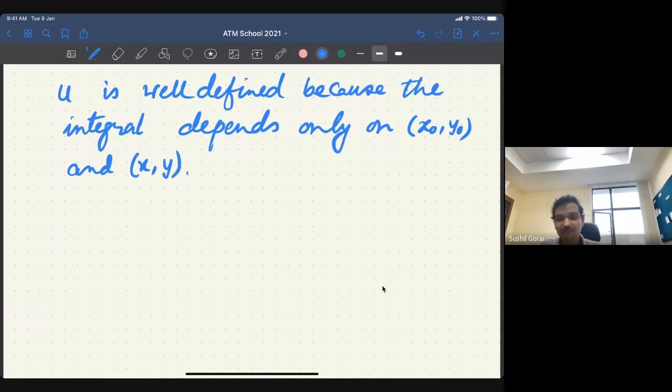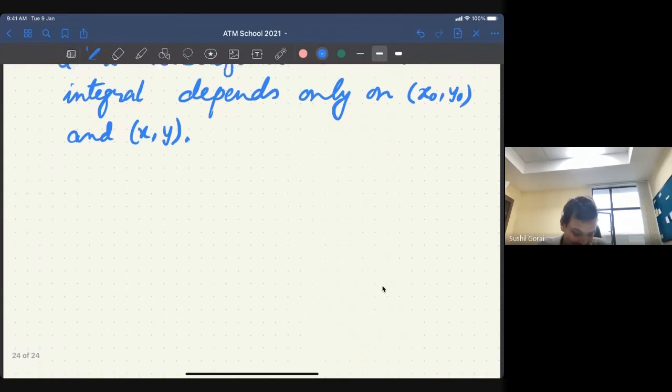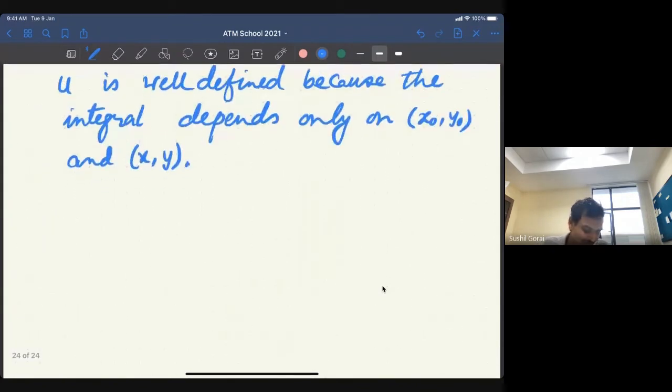So (x0,y0) is already fixed, so it depends only on (x,y). It doesn't depend on the curve. All right, so it will be well defined.